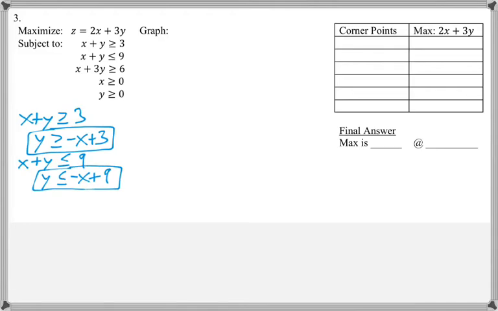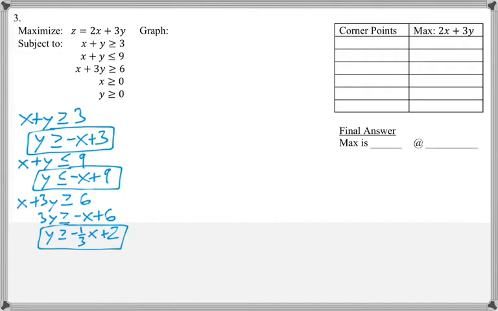And then on the third one, I need to subtract x and then divide everything by 3. And then lastly, we have y is greater than or equal to 0.